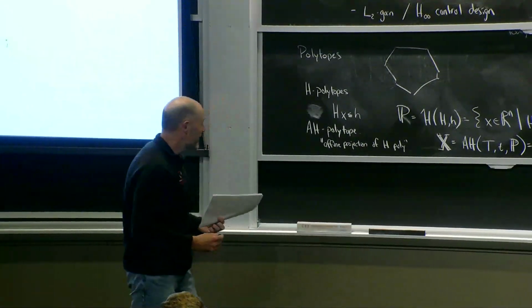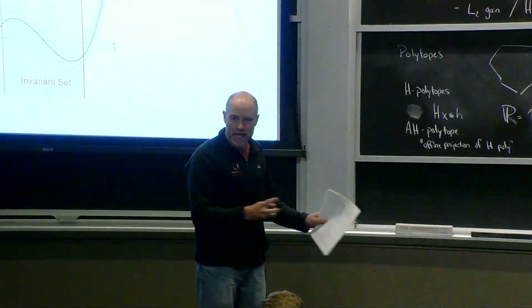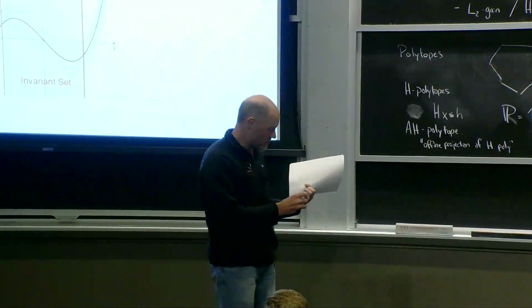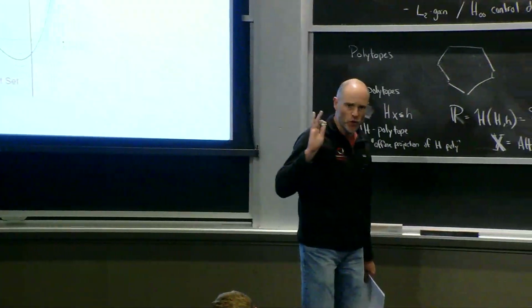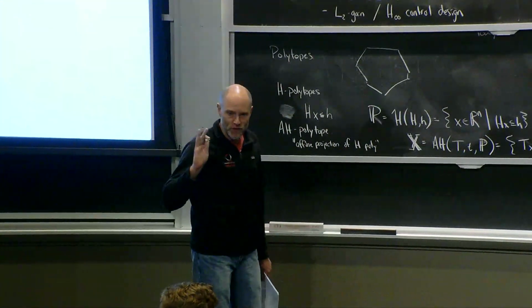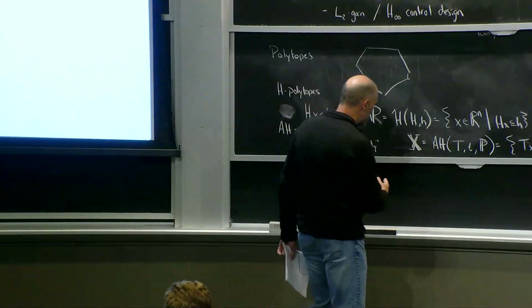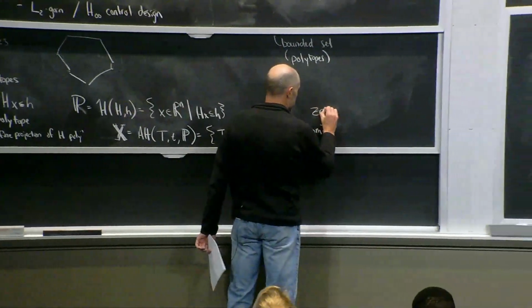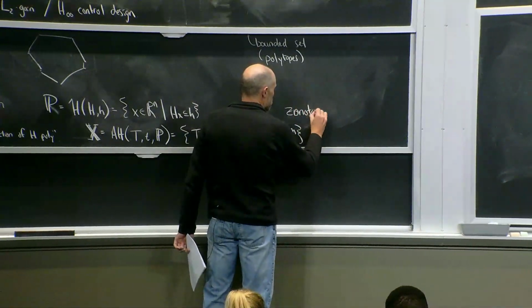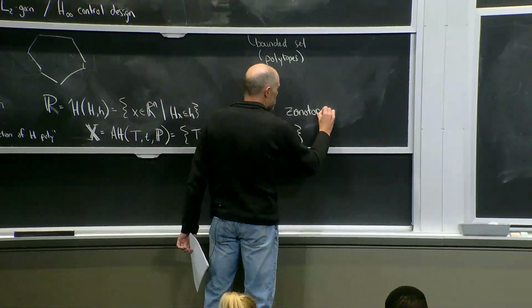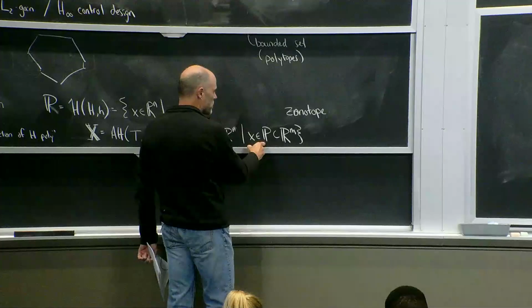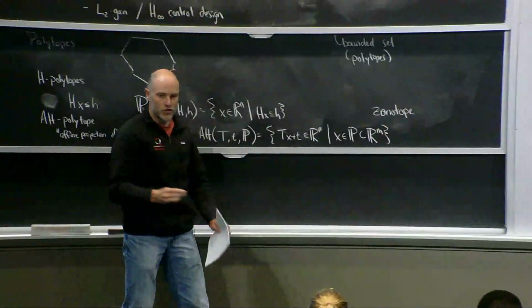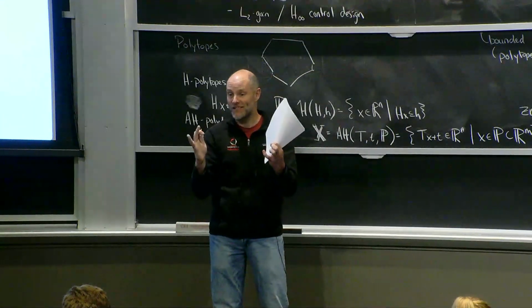It turns out that these AH polytopes are the things that move naturally through linear systems. How many people have heard of a zonotope? Yeah. A zonotope is an AH polytope where it's just the affine projection of the unit box.